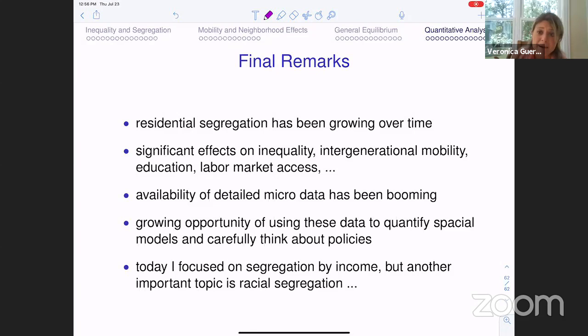And again, another dimension that I haven't focused on, but I think would be important to focus on in the future, is also racial segregation. I haven't analyzed that, but I think that's also another important measure. I think that you had a lecture on that, so I'm sure you're on top of that.